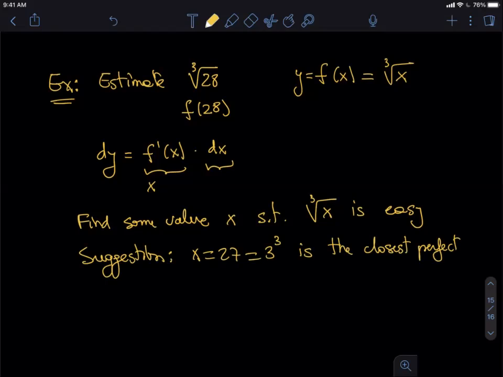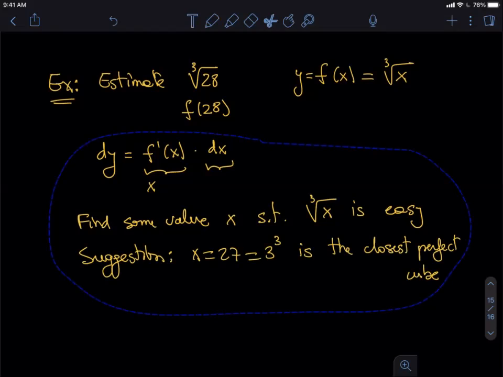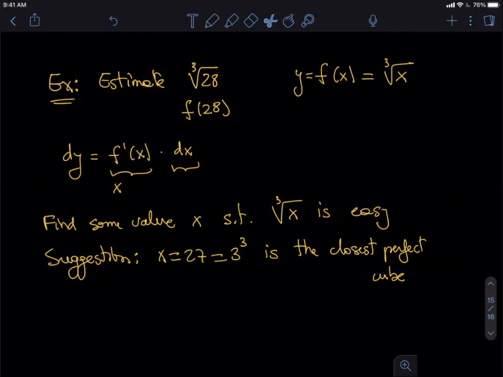We can use any number, but the farther we are from 28, so we need to strike a balance. We need to find some number that is useful, that is easy, a perfect cube in this case. But we need something that is close, because if it's not close, then we are going to be very off.